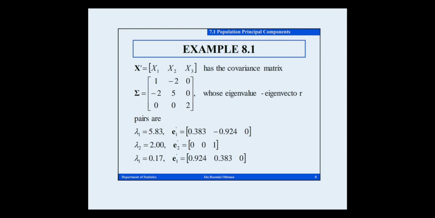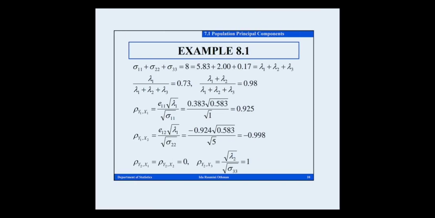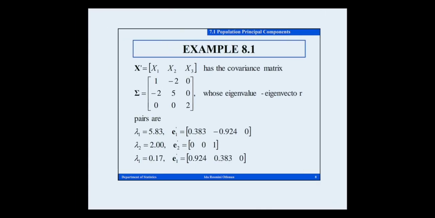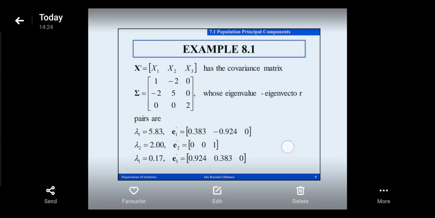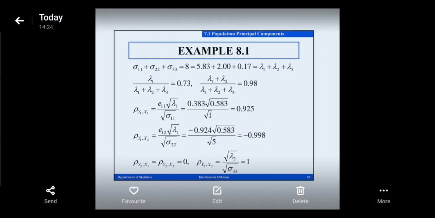Okay kan, from this example tadi we have all this information about the lambda. We have all this lambda. Okay, so tadi kita nak check betul tak summation of variance of xi equal to summation of variance of yi. Okay, bila you total up all the variance of x, which is you total up all the main diagonal here, kan, you akan dapat 8. Betul tak?